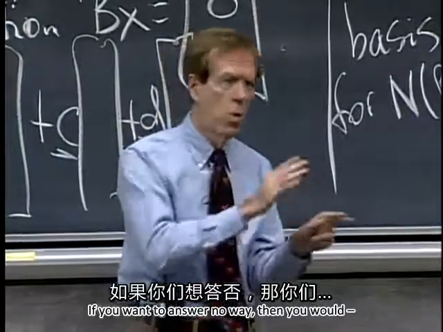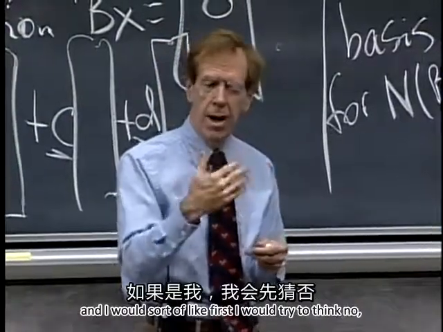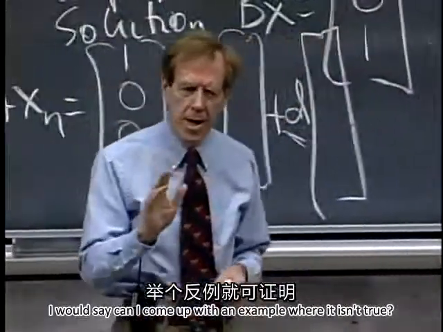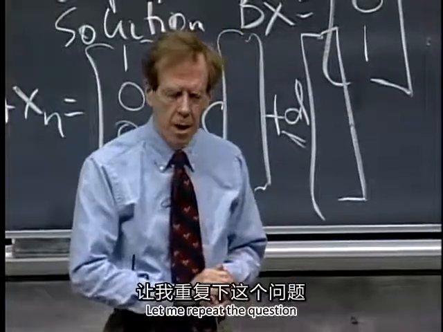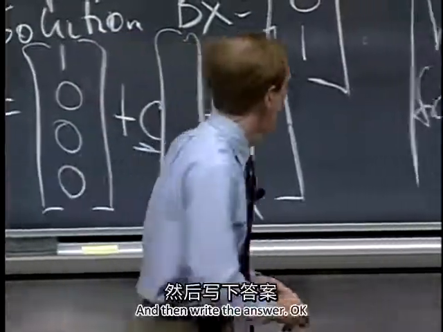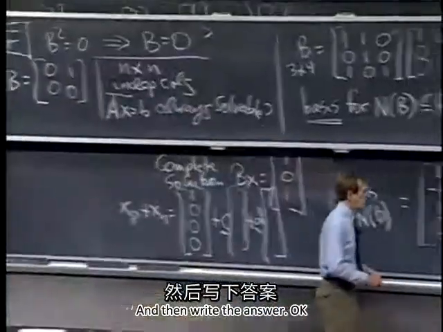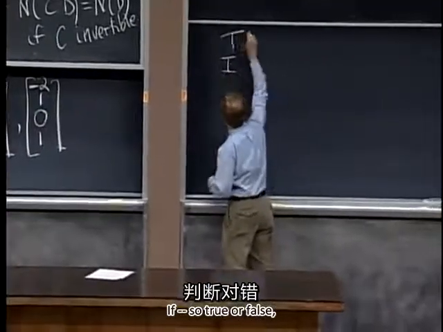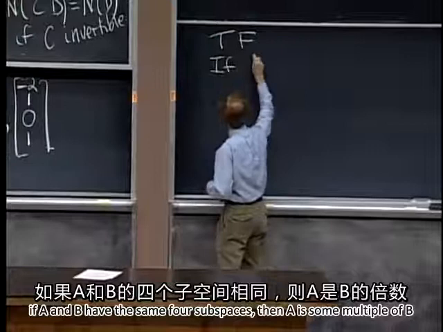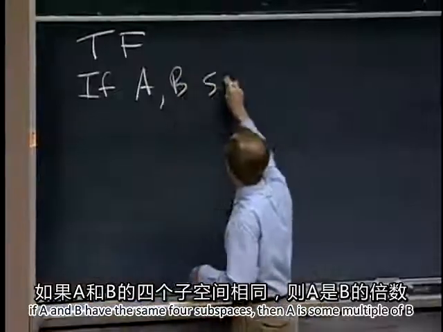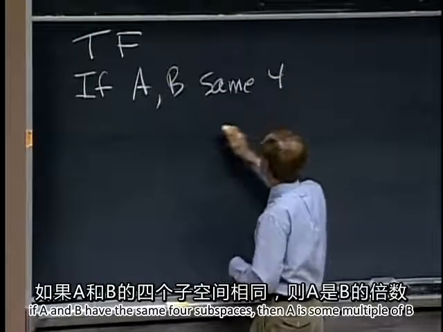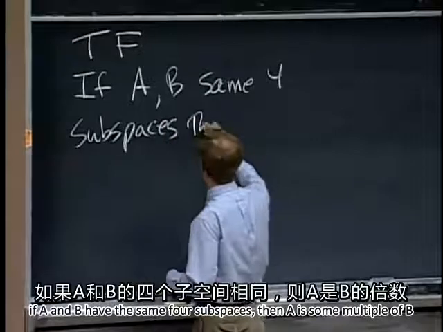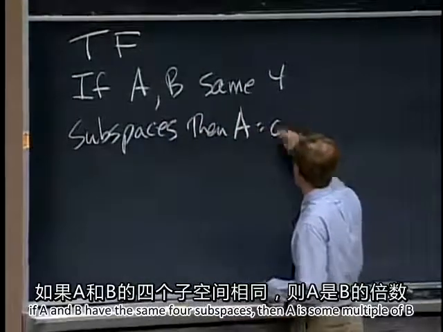If you want to answer no, I would first try to come up with an example where it isn't true. Let me repeat the question and then write it down. True or false? If A and B have the same four subspaces, then A is some multiple of B.